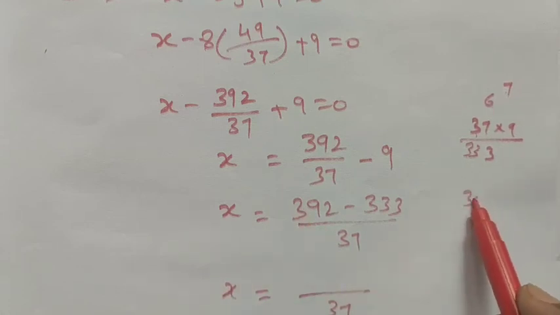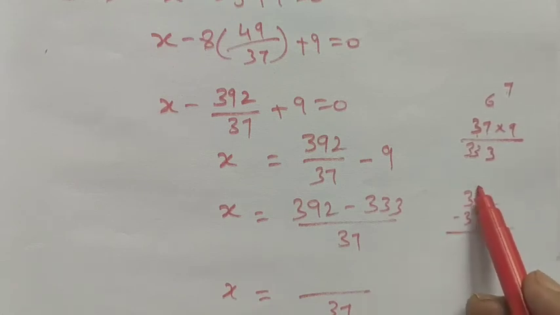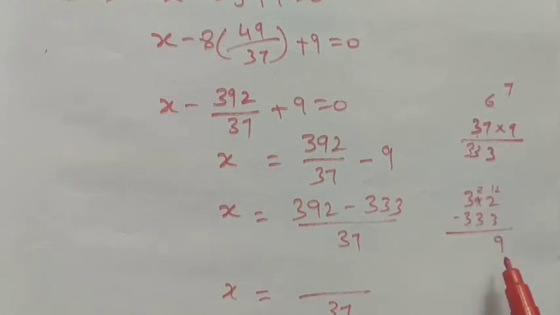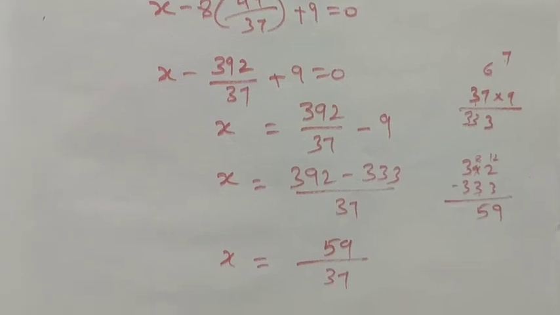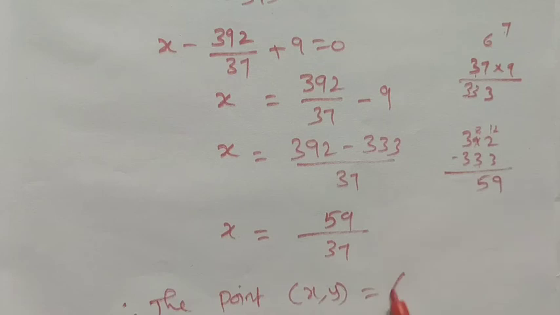When we subtract, 392 minus 333 gives 59. So x is equal to 59 divided by 37 and y is equal to 49 divided by 37. Therefore the point x comma y is 59 divided by 37 and 49 divided by 37.